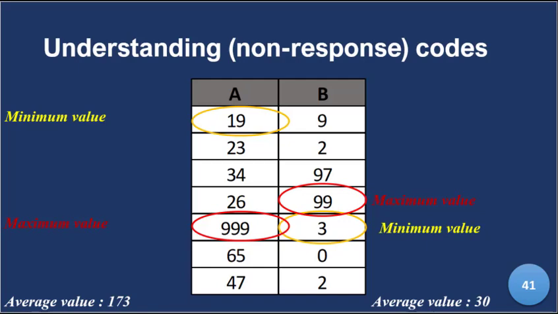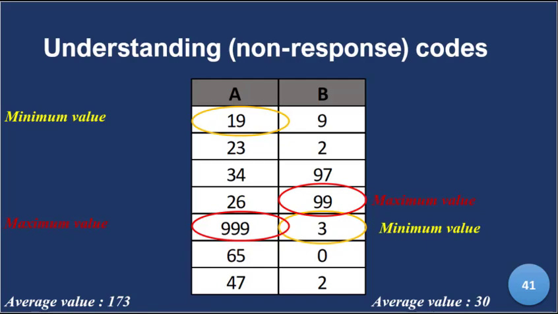So there is a way that these non-response codes affect the mean and the maximum value, and you now know that there's a problem. The average value is already too high. What we are saying is the average age of these people is 173, and what made it high was the 999. No group of people can have an average age of 173.